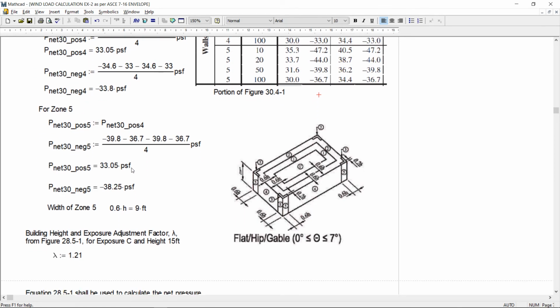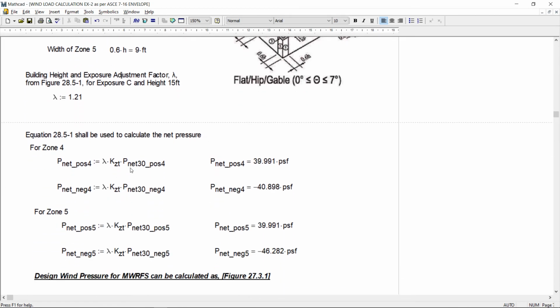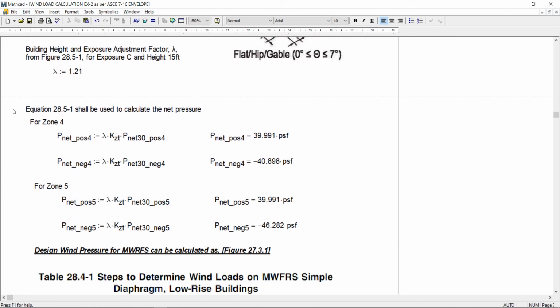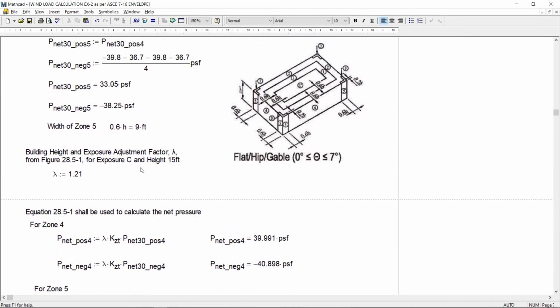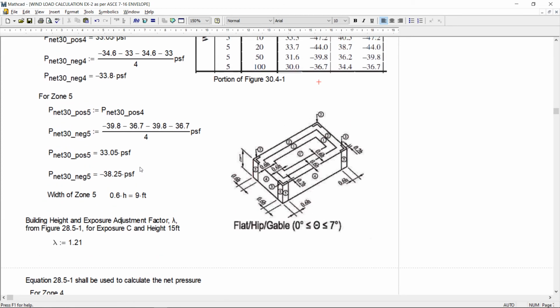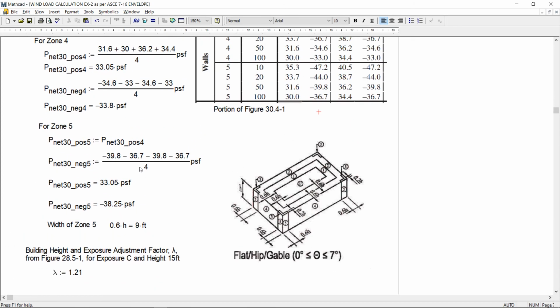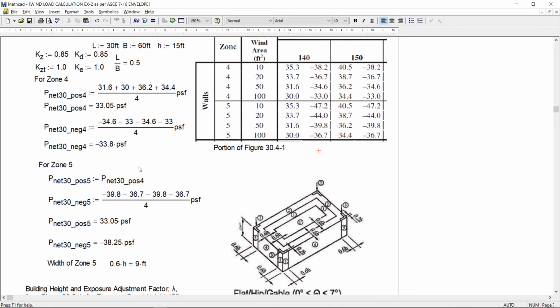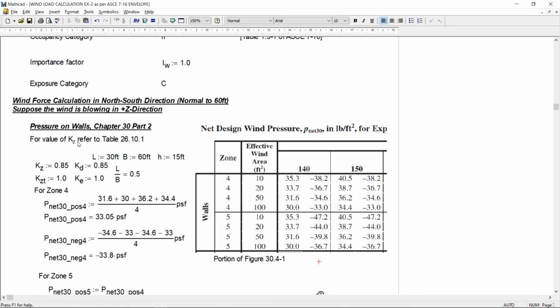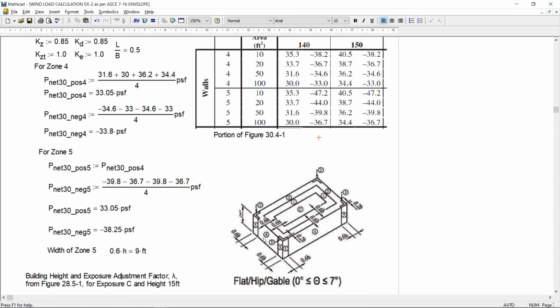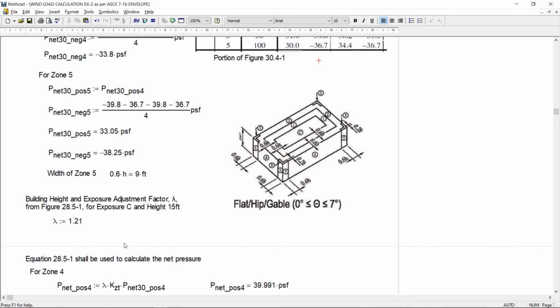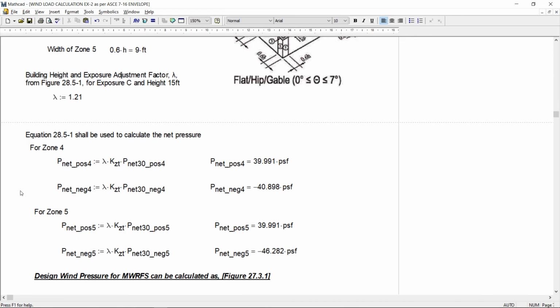And at the end, with all these lambda etc., I calculated the final wind pressure, that is the net positive pressure for zone 4 and zone 5. So in this way I applied the loads on the side walls, zone 4 and zone 5, and both the sides are loaded with these pressures.